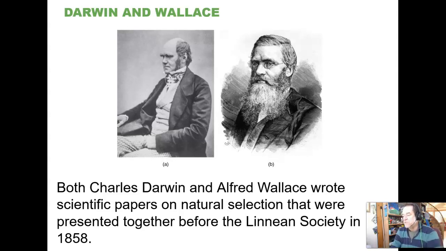There were hypotheses that required testing, and their data collection was part of testing them, that are natural selection. So they really came up with the same idea together, and they presented them roughly at the same time to the Linnean Society, which is one of the components of the Royal Society in England, the equivalent of the National Academy of Sciences here in America today. They did this back in the 1850s.